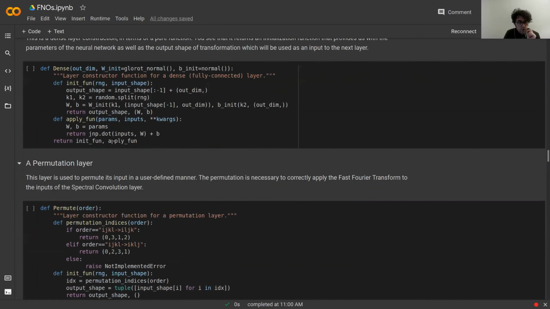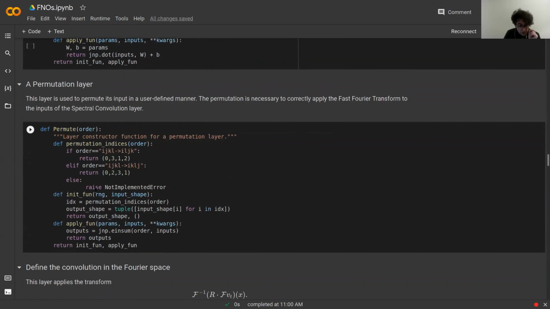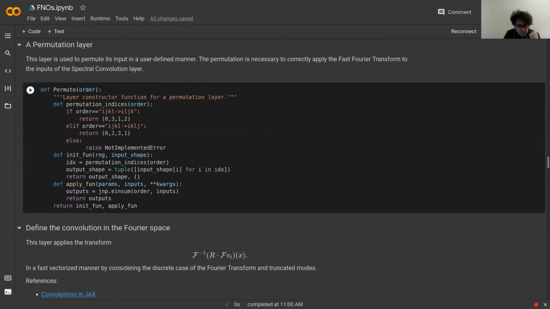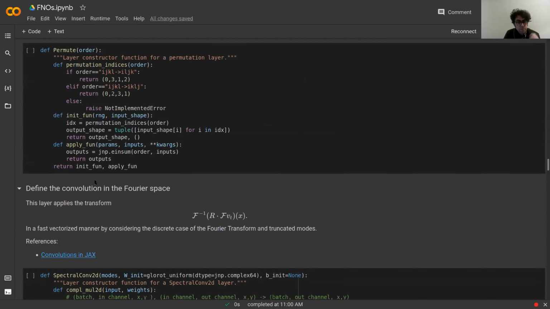If you see here in the initialization, we have two things. It provides us with two outputs. One is the parameters. The other is the output shape. The output shape of the first layer will be the input shape to the second layer, the output shape of the second layer will be the input shape to the third layer, and so on and so forth.